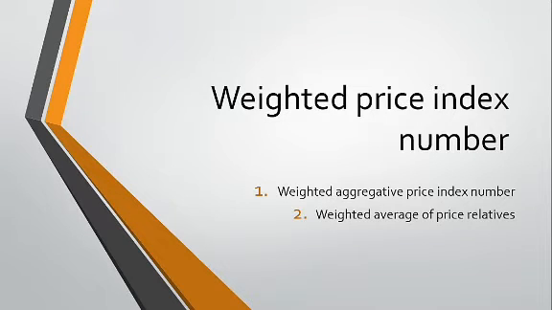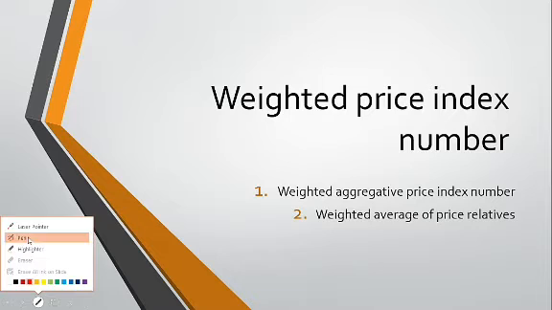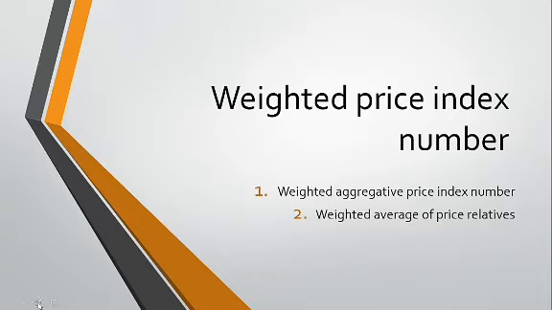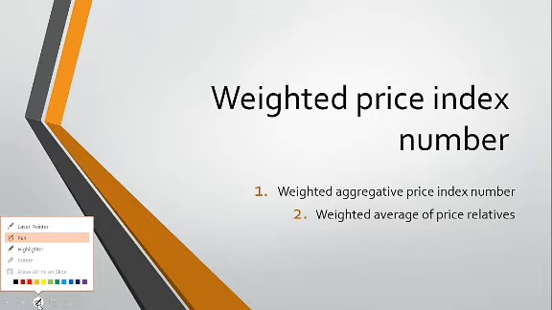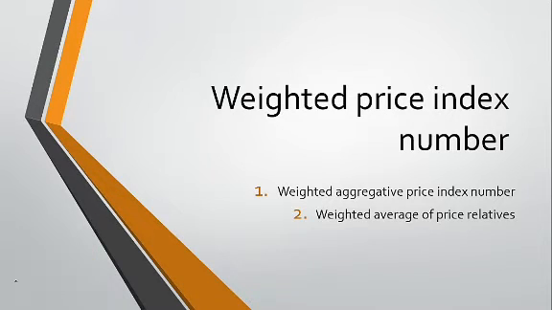Today we will learn about weighted price index number. What is weighted price index number? It is nothing but weights are assigned to the particular price or particular item. When you learn about price index number, we assign quantity as weights for price index.